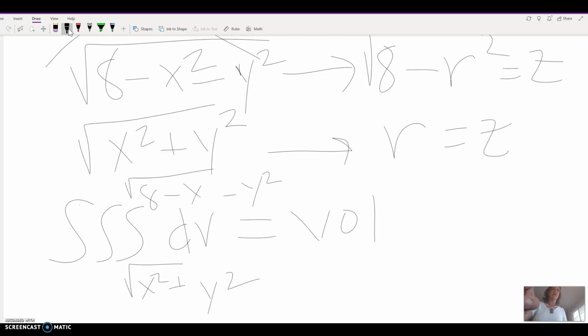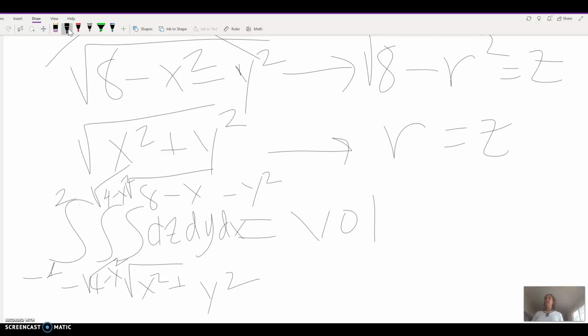And then I'm looking on the xy plane, like we've done in previous problems, from the bottom of my circle to the top of my circle. Right, so negative square root of 4 minus x squared to positive square root of 4 minus x squared. And then my x's would go from negative 2 to 2. So in this particular case, my differential would be in the order dz, dy, dx.